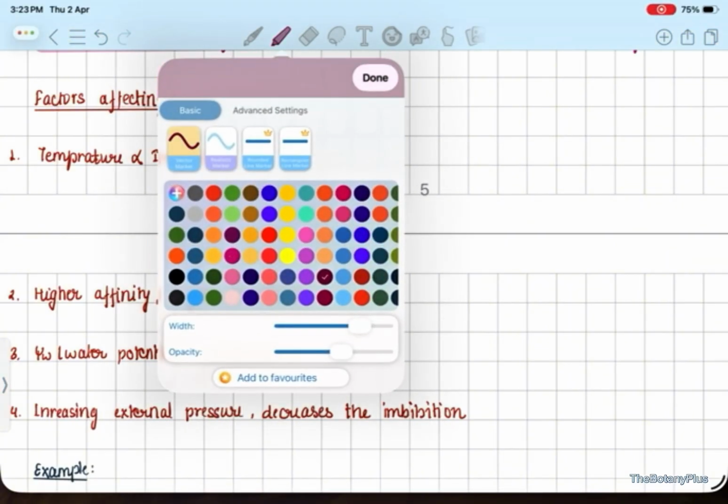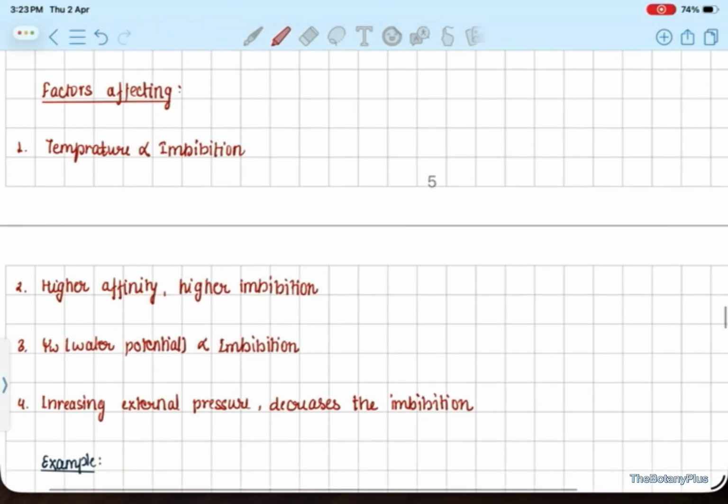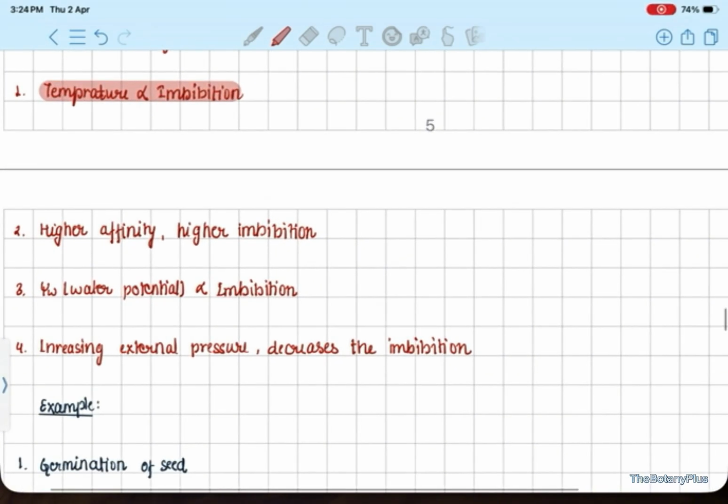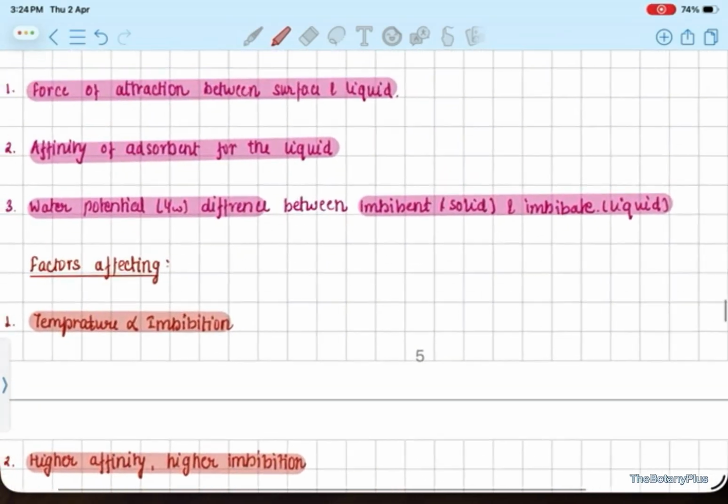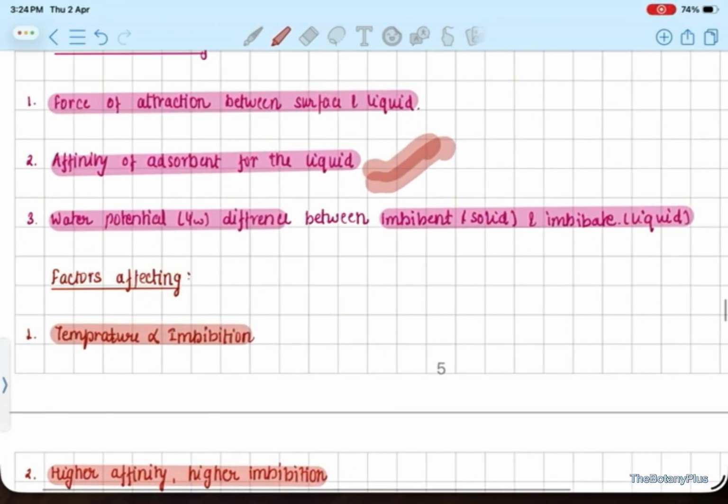Now the factors affecting imbibition. What are the factors? The first factor is temperature. Temperature is directly proportional to imbibition, meaning the higher the temperature, the higher the imbibition. High affinity means higher imbibition. We have just learned in the second condition that affinity of the adsorbent for a liquid should be there.